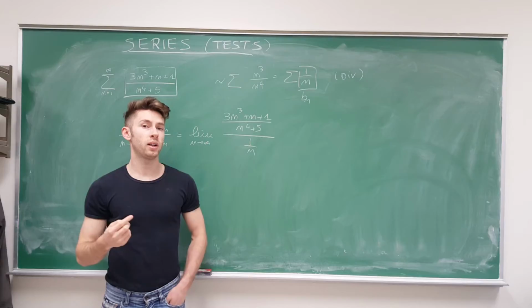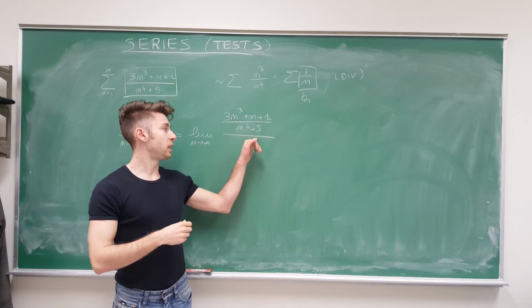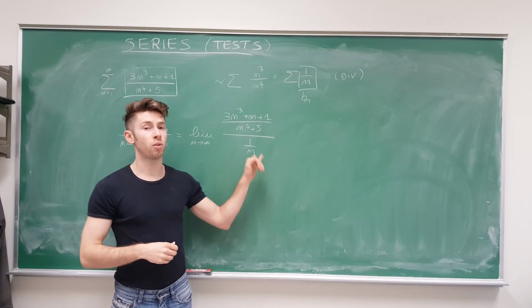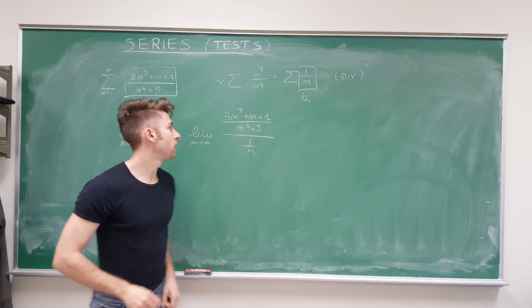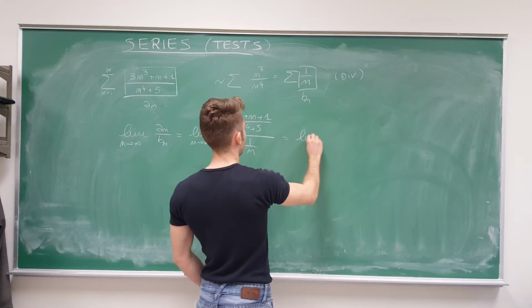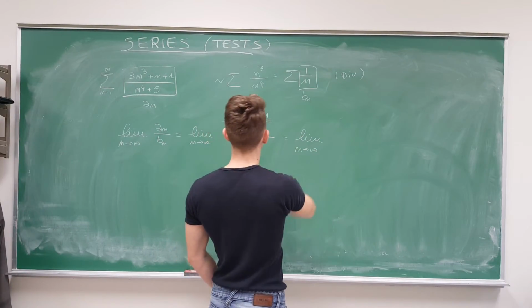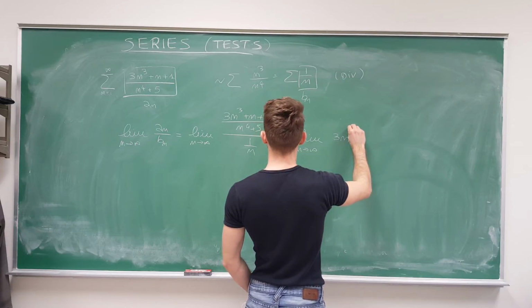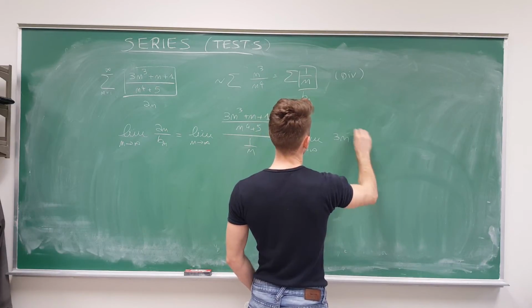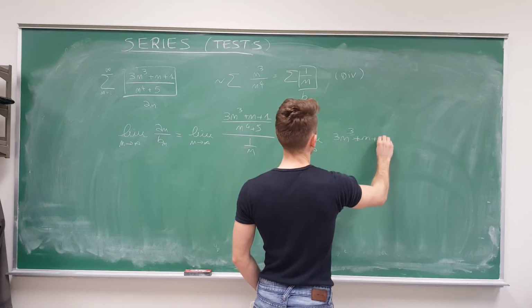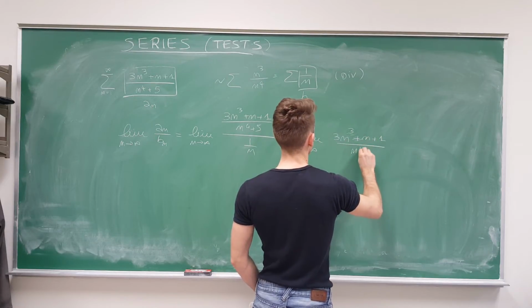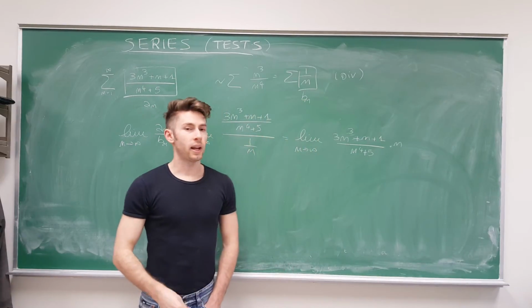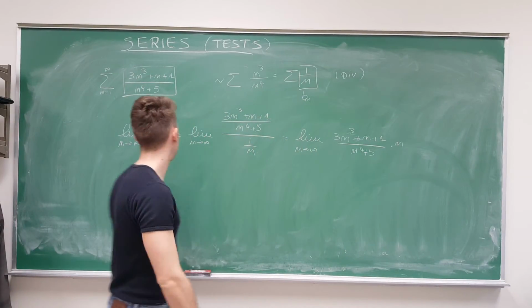So first of all, this ratio will become the product times the reciprocal of 1 over n, which is just n.